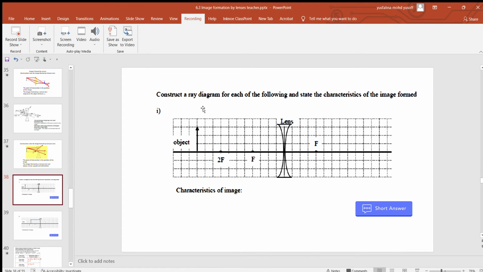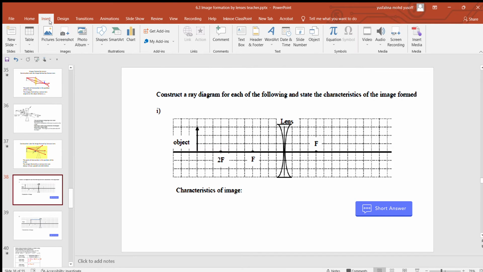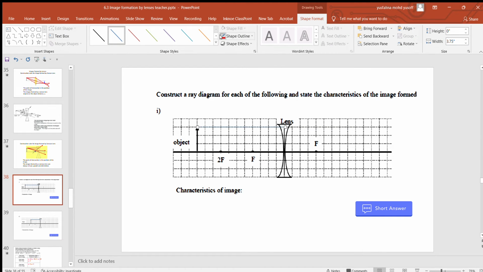So the first one, what you have to do, a moment. From here you go straight to the optical center here. I change the color first. And then you already know this is the diverging lens, so all the light rays will be diverged.